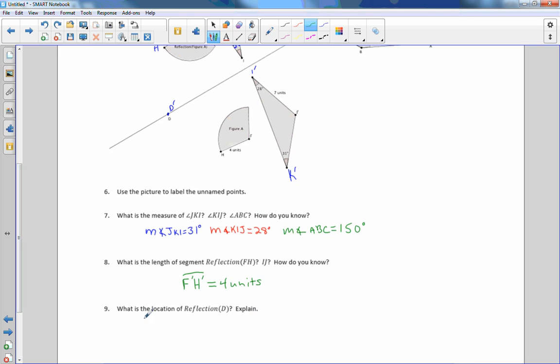I would say it is at its initial location because it is on the line of reflection.